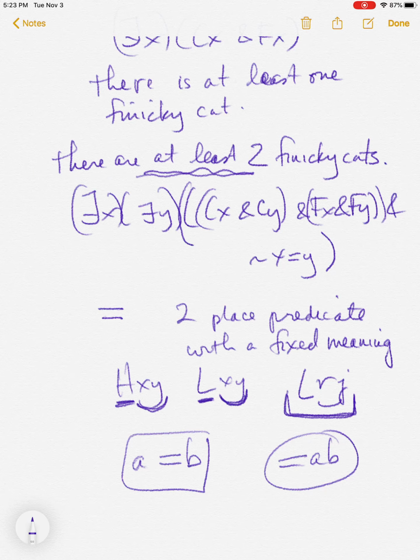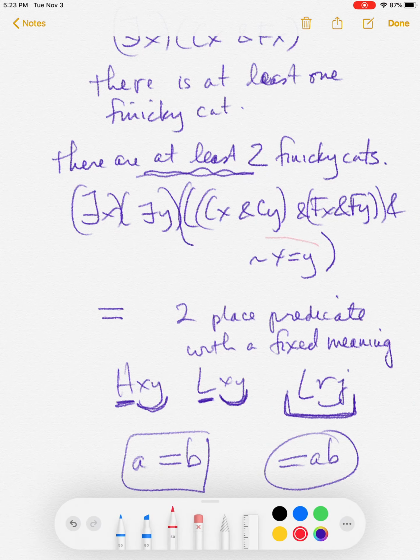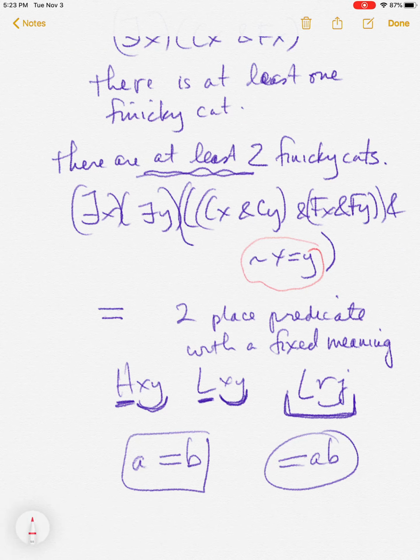Moreover, what I've got here is, it's not the case that x and y are identical. If you think about the way that we build up formulas of PL, this is a formula. In fact, this is an atomic formula. It's actually an atomic sentence.